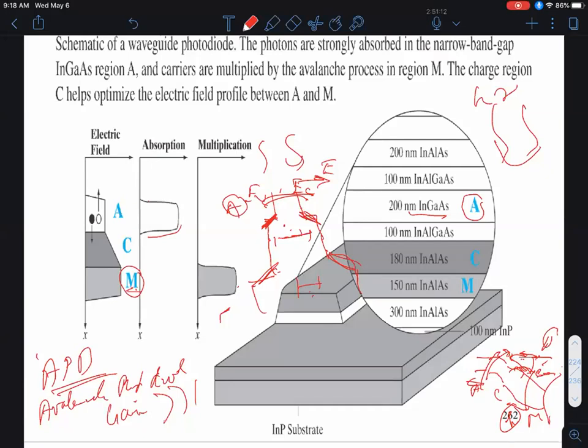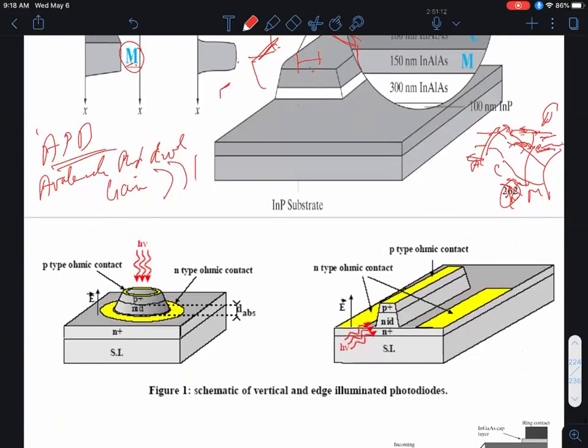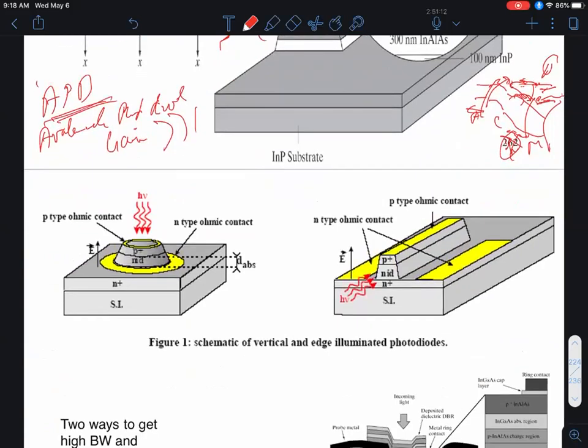Okay, so by making sure that it's only the electrons which undergo impact ionization again and again, and not the holes, you can minimize the noise. You can't get rid of it completely, but that's one way of minimizing the noise. Okay, because I'm making this impact ionization process slightly more deterministic, slightly less random. Okay, so this APD type structure is one of the most common structures that you have in industrial use today.